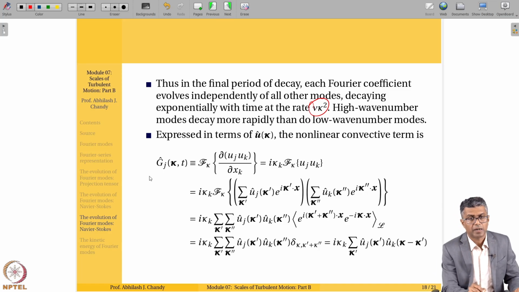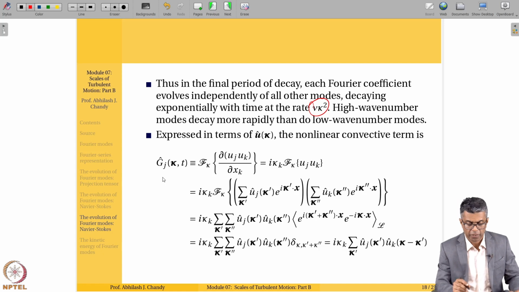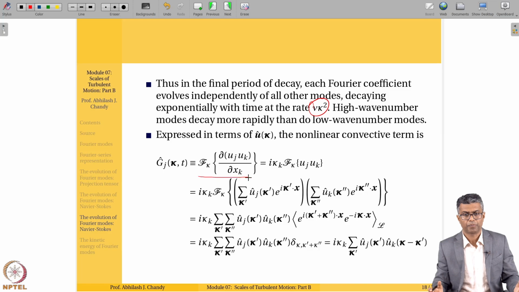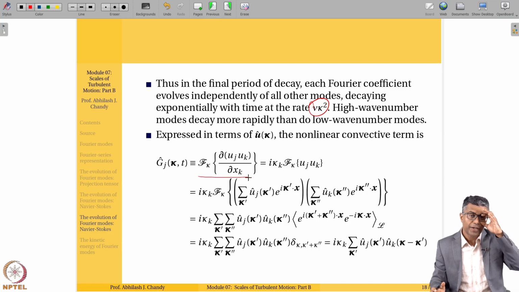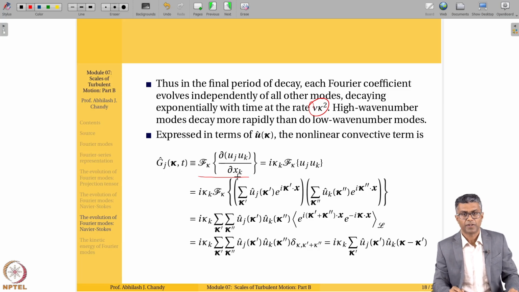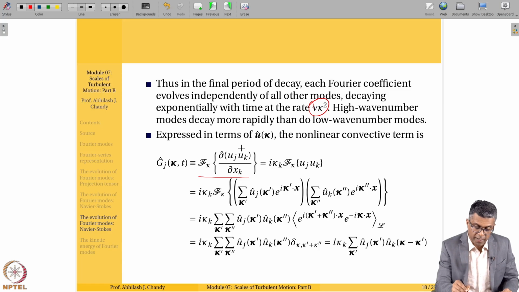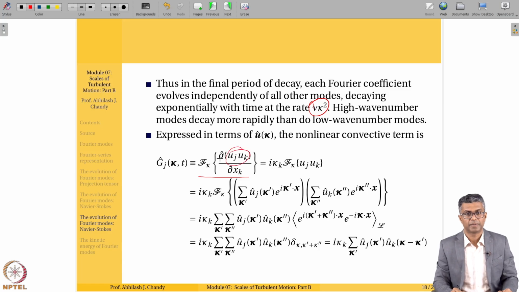So that is your R Gj kappa comma t. By definition, it is the Fourier transform of the convection term. And if I use the definition of a Fourier transform operator, since this is a derivative, I can just take i kappa times the Fourier mode of the inside part, isn't it?